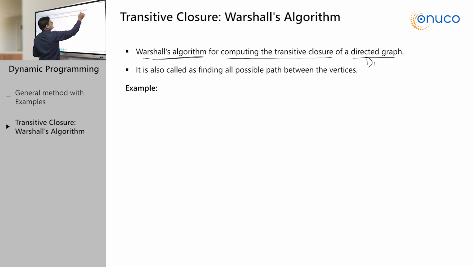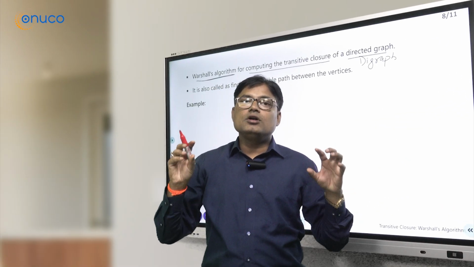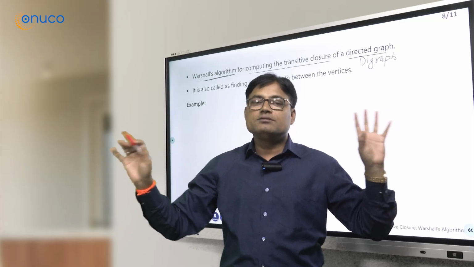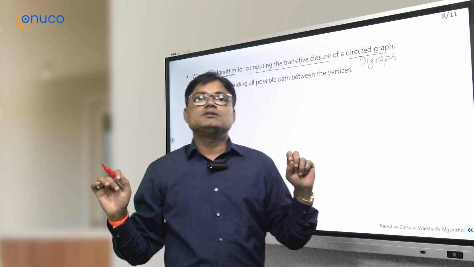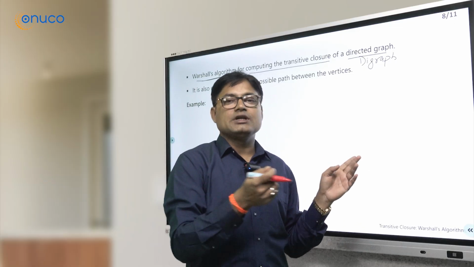This is the algorithm to find out all possible paths between the vertices, right? It means if between two vertices we have 10 different paths, it will give you 10 different paths.